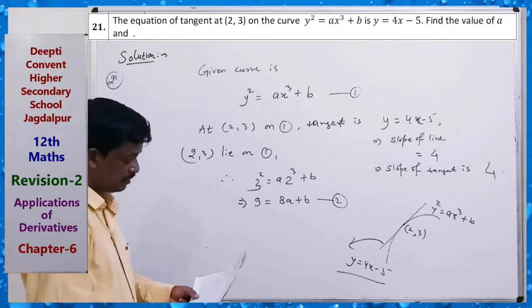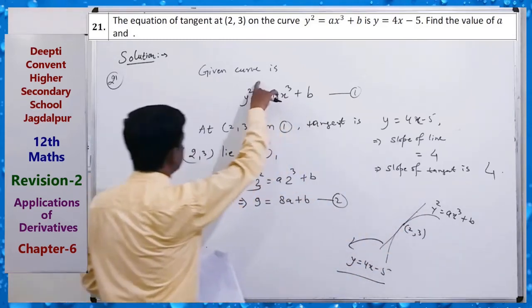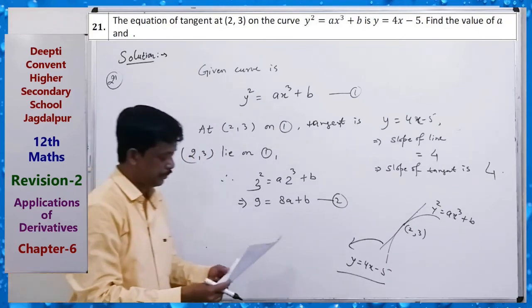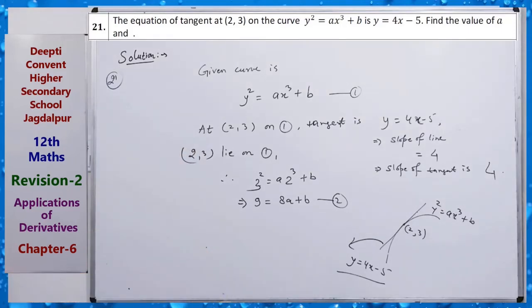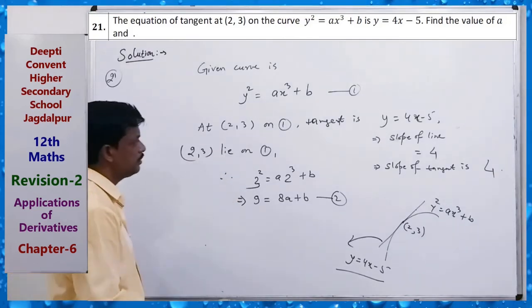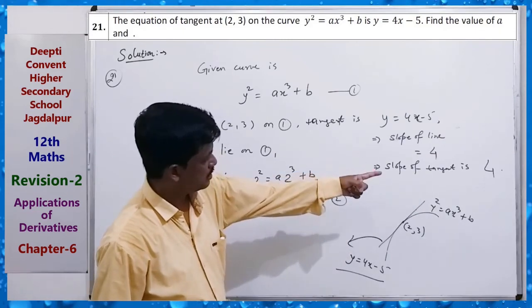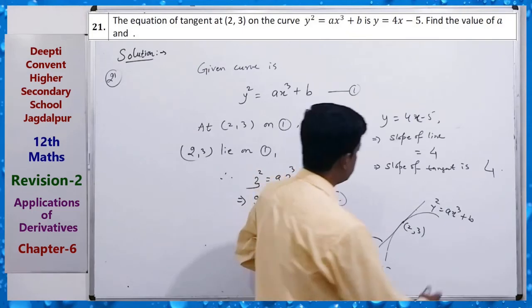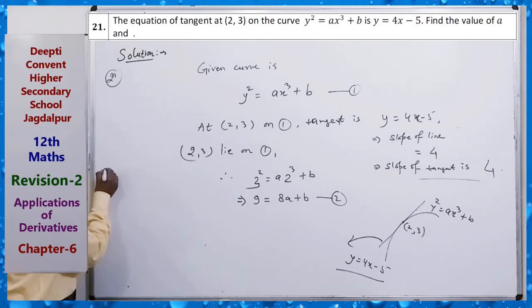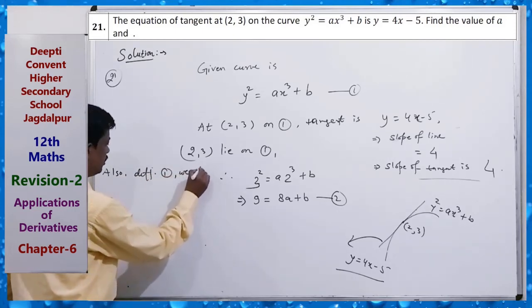On differentiating the curve we get the slope of the tangent.